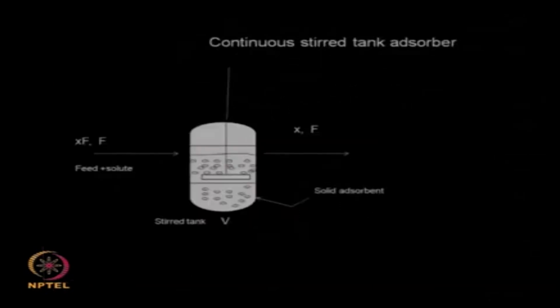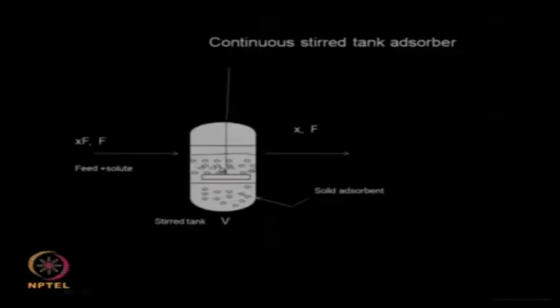Now let us go to the continuous stirred tank. Again I just introduced this concept. Adsorption can be done either in a batch mode or in a continuous mode. If you look at a continuous stirred tank, what is happening is you have the adsorbent inside as a solid material, like activated carbon or zeolite beads or silica gel beads and so on, and there is an agitator here, and continuously you are feeding in the solution which contains your solute or the adsorbate.